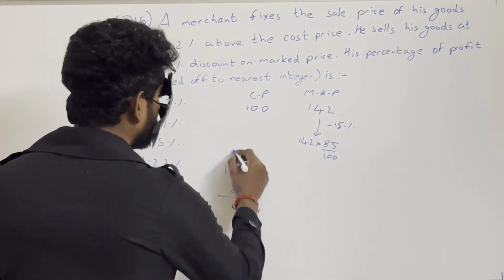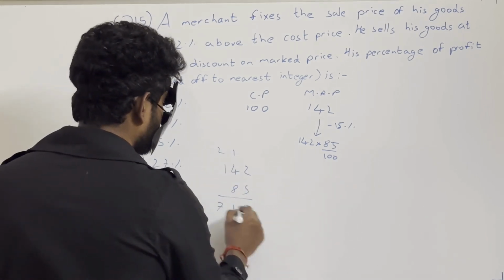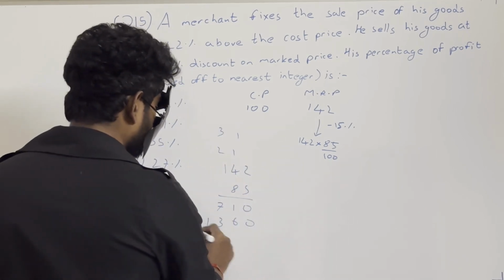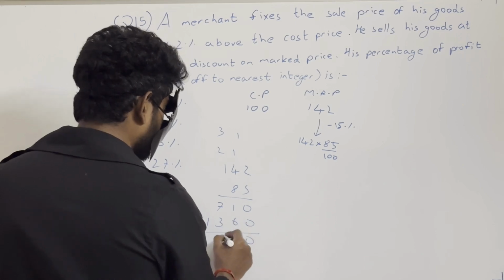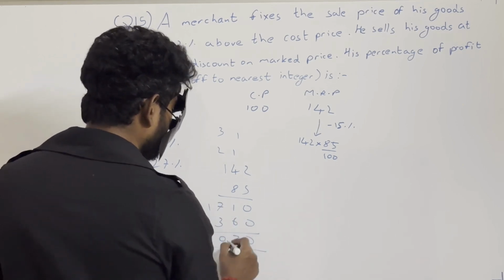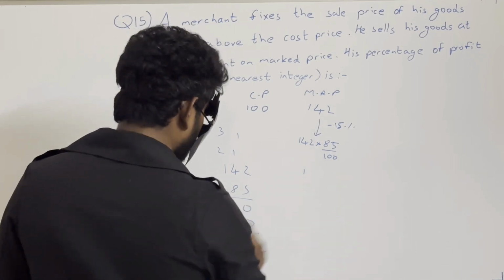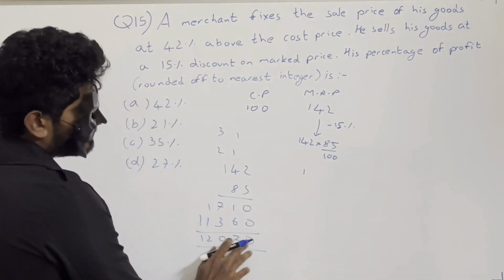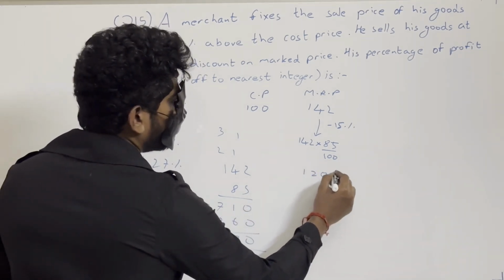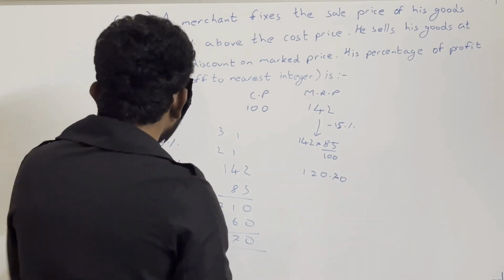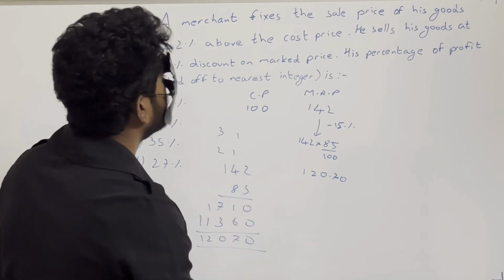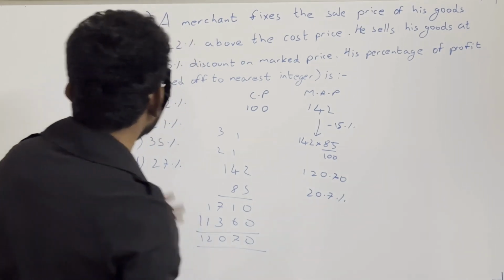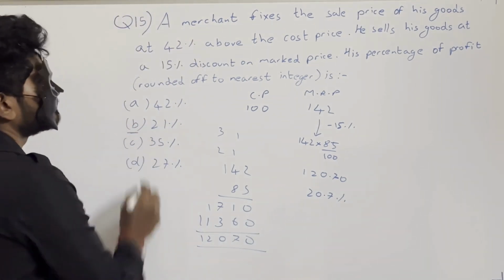That gives 12070 by 100, which is nothing but 120.7. So he is selling it at a profit of 20.7%, approximately equal to 21%.